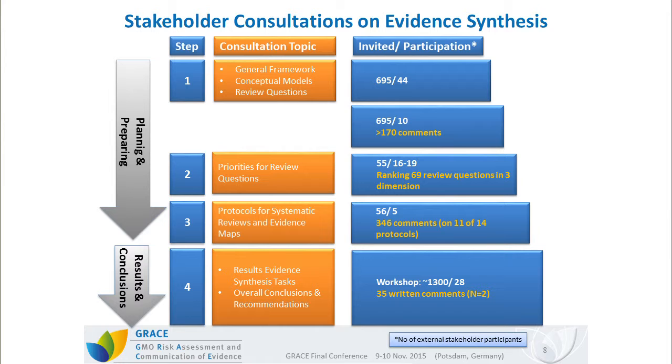On the right-hand side, you will also see figures indicating the participation. As you can see, it was a very long and elaborate and partly exhausting planning stage consultation, so the number of stakeholder participants declines over time.